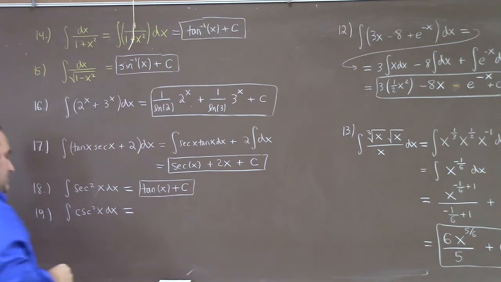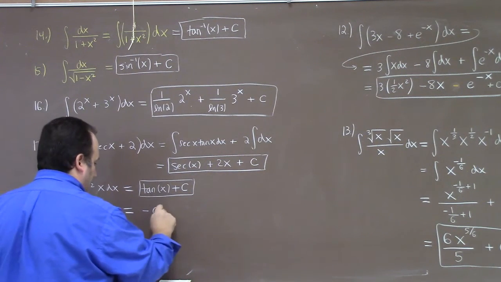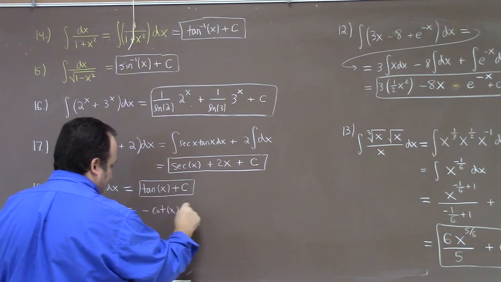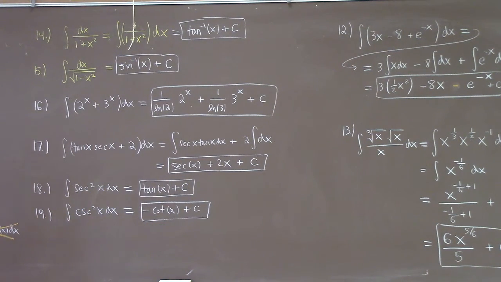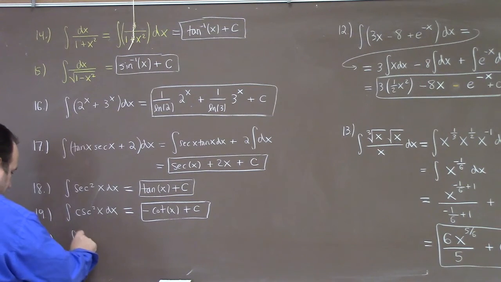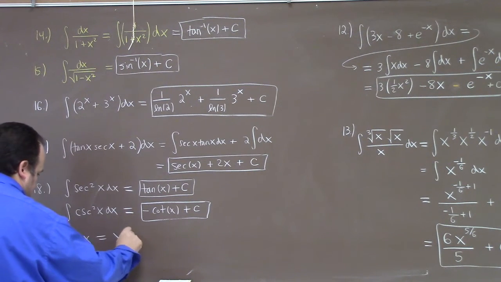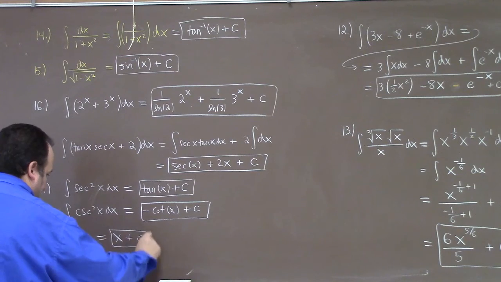The integral of cosecant squared is minus cotangent, because the derivative of cotangent is minus cosecant squared. Oh, and then 20, integral of dx. I put that there just in case I forgot. Integral of dx is x plus a constant, right? There we go.